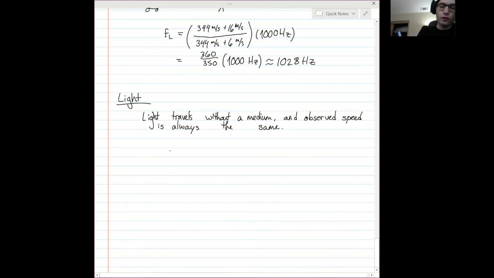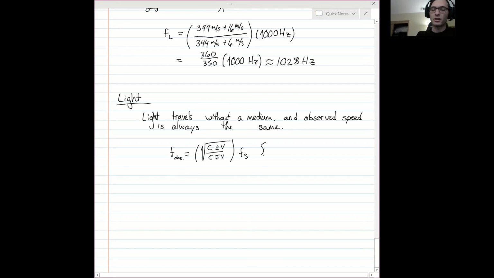And so what we end up with is the formula for the Doppler effect for light: the square root of (c plus or minus v) divided by (c minus or plus v), times the frequency of the source. And maybe I'll put observer, because you don't listen to light.